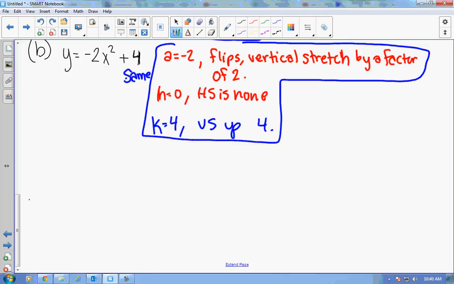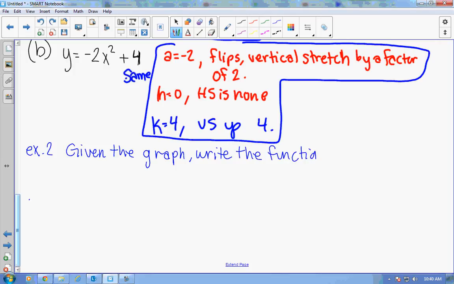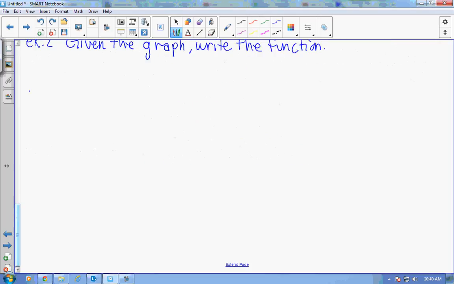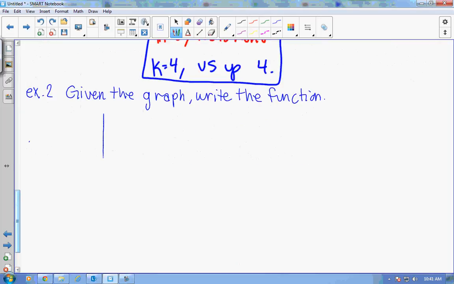Also, we'll be doing reverse. Given the graph, write the function. So example 2, given the graph, write the function. Okay, copy this graph if you would, and I'll try to give you exact points. That's not very straight. Let me use the real tool.